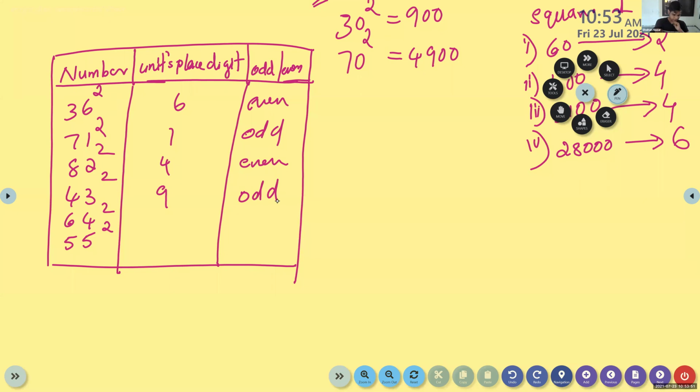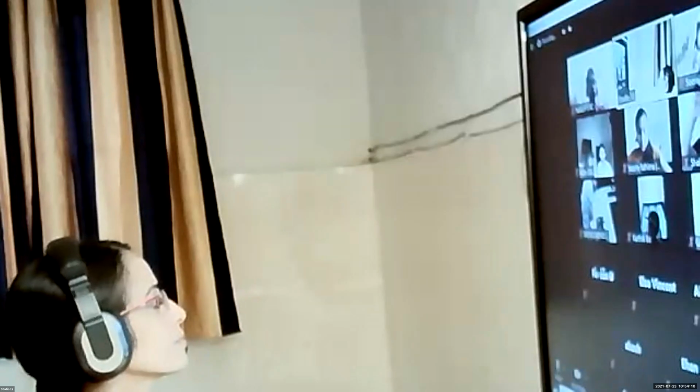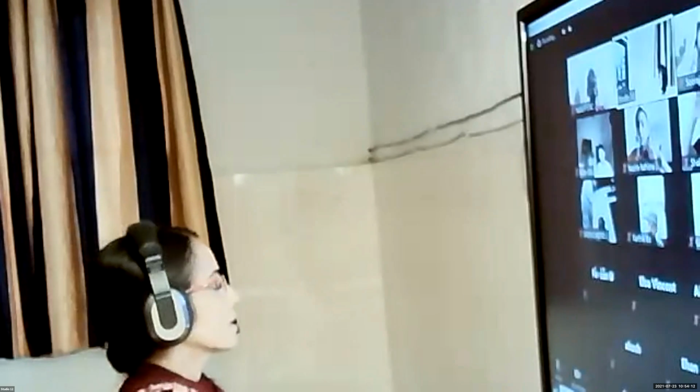And 64 square. Unit place is 6. It is even. And here it is 5, odd. How many of you got all the answers correct? Okay. Can you show that slide one more time?